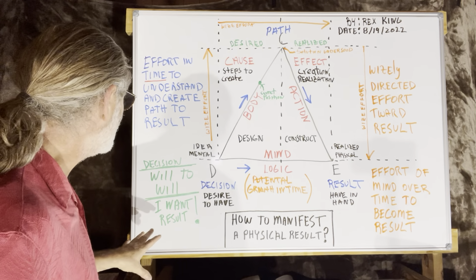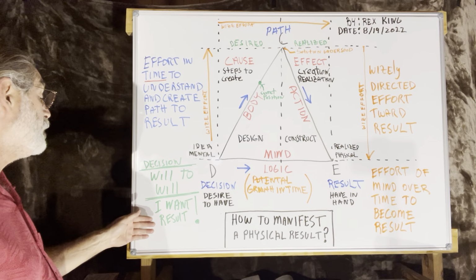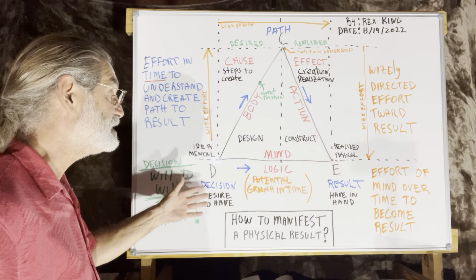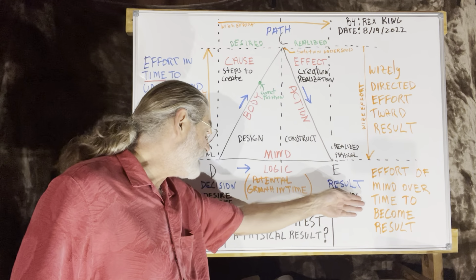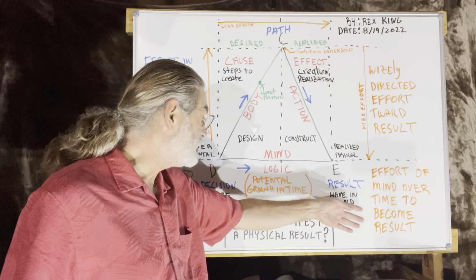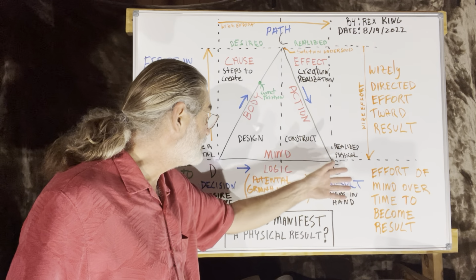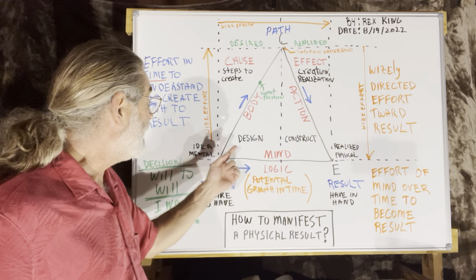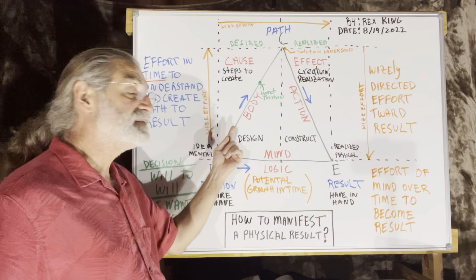So we made a decision, will to will, we want a result. We see the result we want. And the better we see it, the more visual connection we have in it, the more detailed we see the result, and we then accompany what we see with action in a physical way.